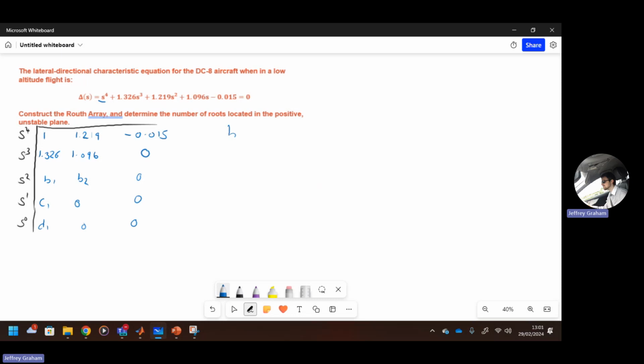Right, B1, the minus determinant of A4, A2, A3, all divided by the bottom left term, which is A3.